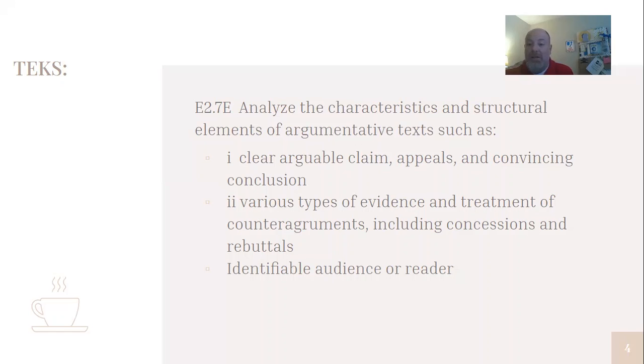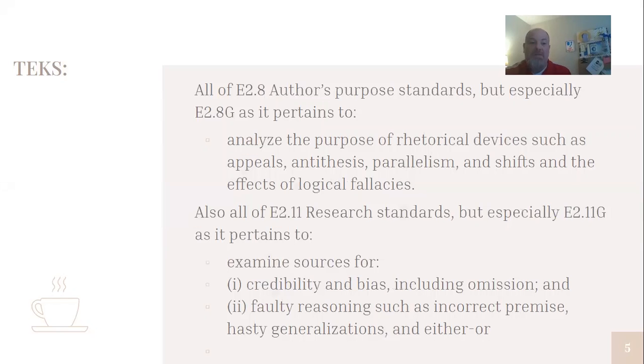You probably want to continue all your conversations around audience, because our students sometimes read and say, no, that wasn't a good argument, because they assume it's written for them and it didn't convince them. But when they consider who the audience is, or who the reader was intended to be, it might have been a good argument. So there are some things you might have to spend some time thinking about.